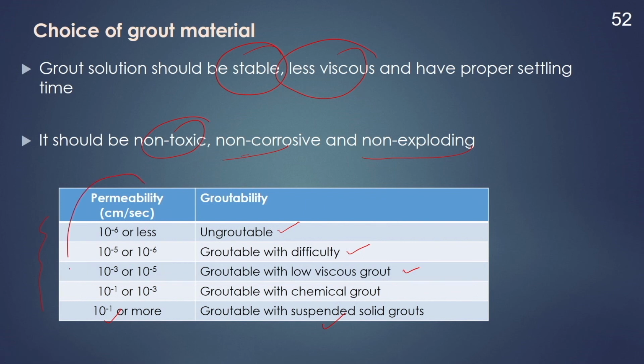So, depending on the permeability of the soil, we can choose whether it is groutable, and if it is groutable, then what should be the viscosity or what kind of grouting material we can use.